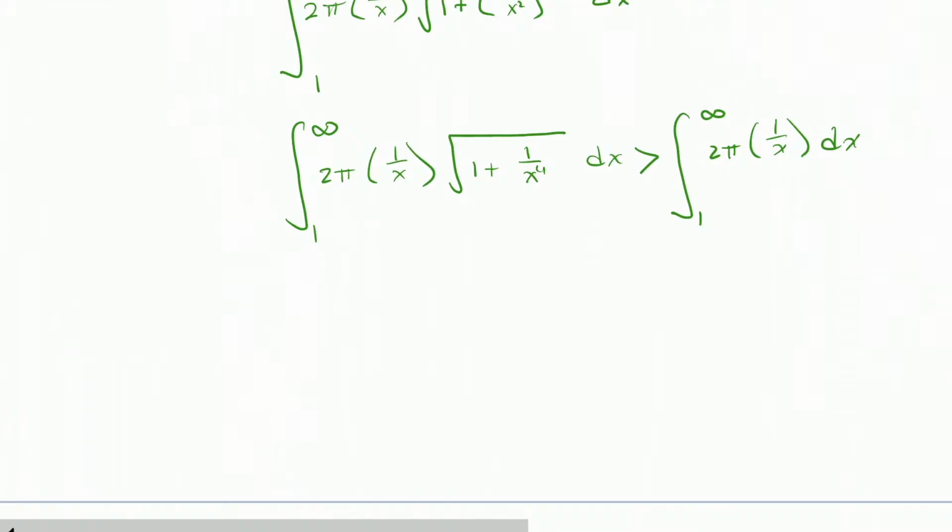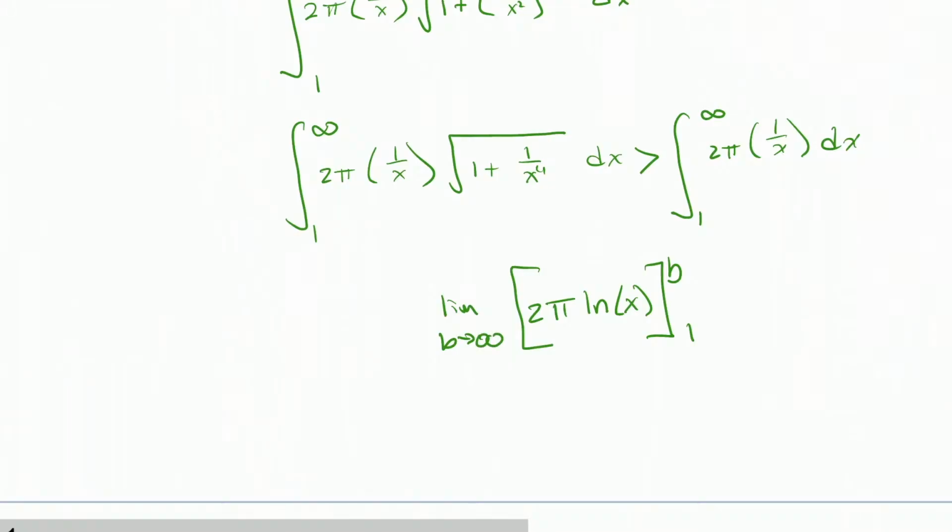The one on the right is pretty easy because you know the antiderivative of 1 over x. Andrew knows it. Andrew, what is the antiderivative of 1 over x? It is natural log. Very good. So this will be 2 pi times the natural log of x evaluated from 1 to b, and we're going to do the limit as b approaches infinity.